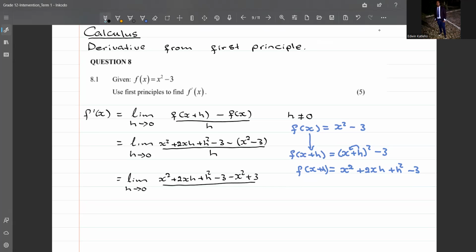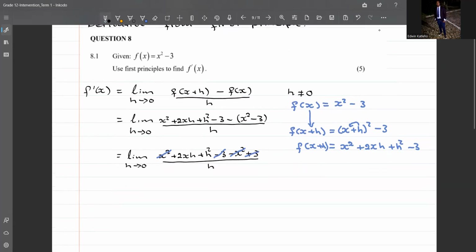Everything has to be divided by h. And then you can see you've got like terms that are going to subtract. So x squared will subtract x squared, and negative 3 will subtract positive 3. What we are left with is limit h tends to 0 of 2xh plus h squared, all divided by h.